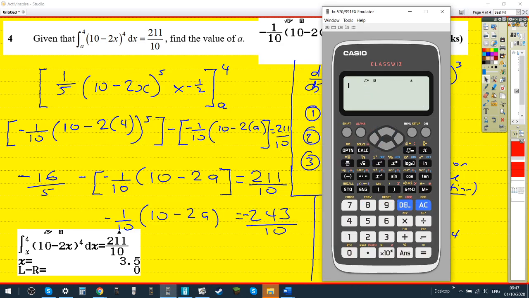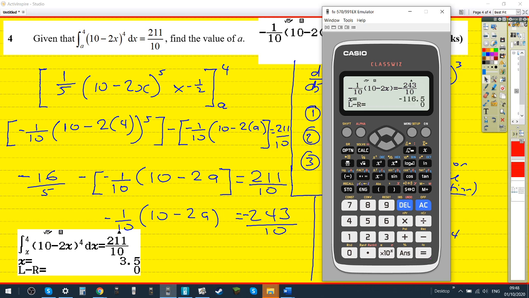So, minus 1 over 10. So you've shown your working out. You've done everything you're supposed to do. 10 minus 2x equals minus 243. Shift solve.